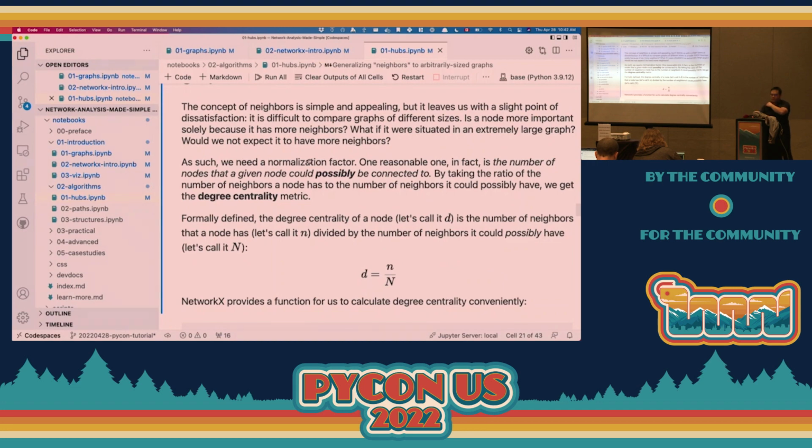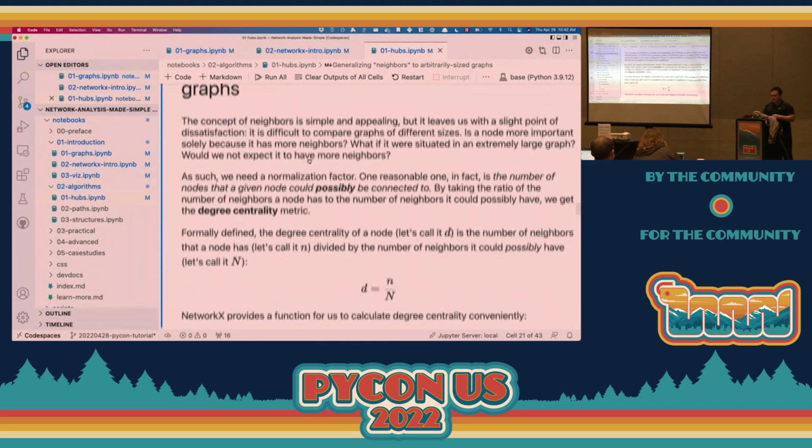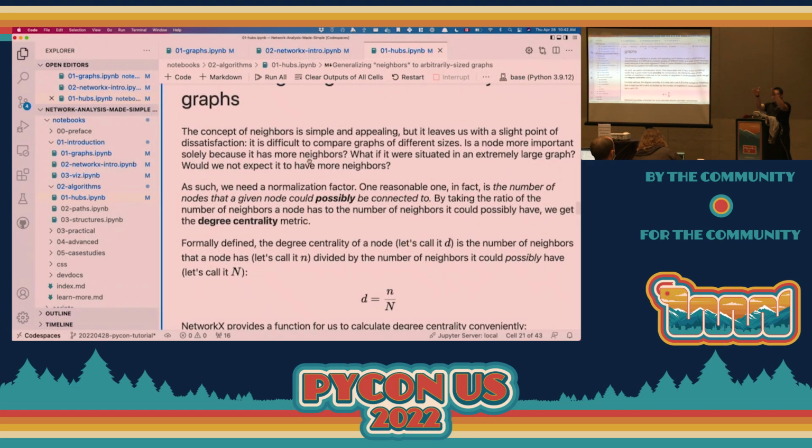So the concept that maps onto the NetworkX API is called degree centrality, right? We calculate degree centrality by taking the number of neighbors that a node has and dividing it by the total number of neighbors that a node could possibly have.